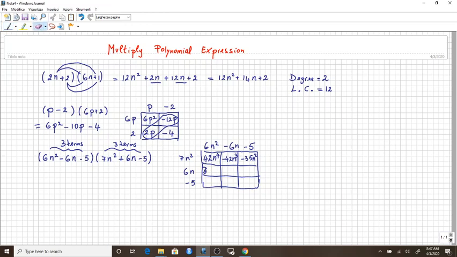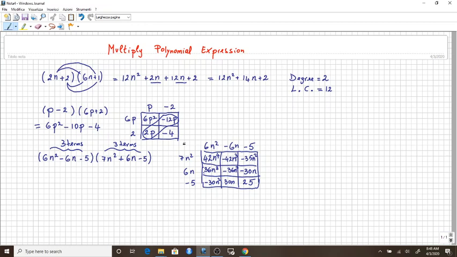Okay, let me fix this, so we have 36n cubed, and then 6n times negative 6n is negative 36n squared, and 6n times negative 5 is negative 30n, and then negative 5 times 6 is negative 30n squared, negative 5 times negative 6n is 30n, and negative 5 times negative 5 is positive 25.